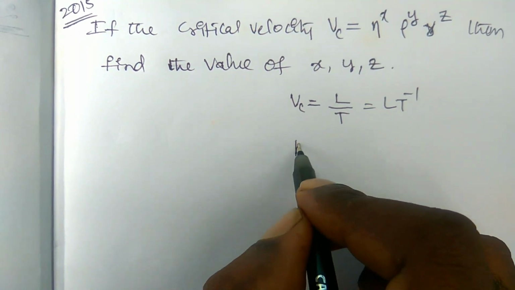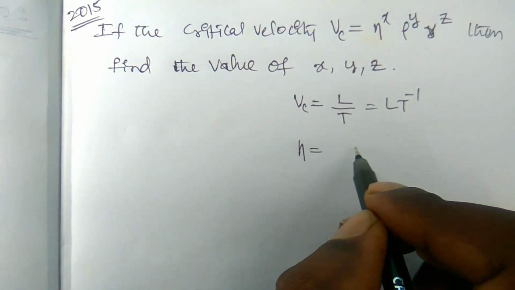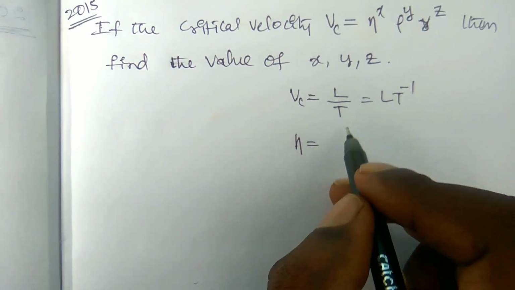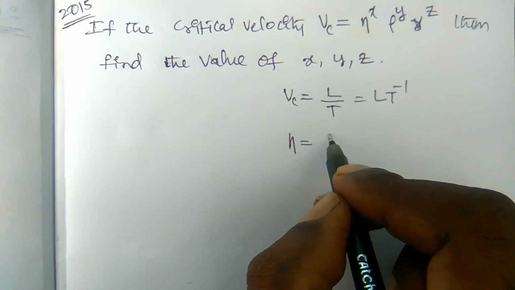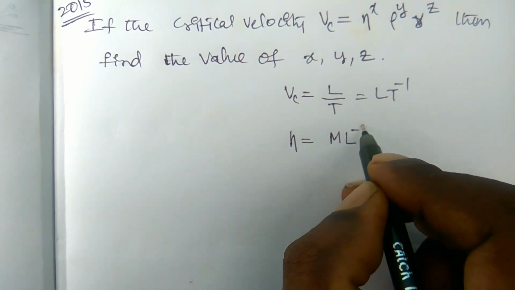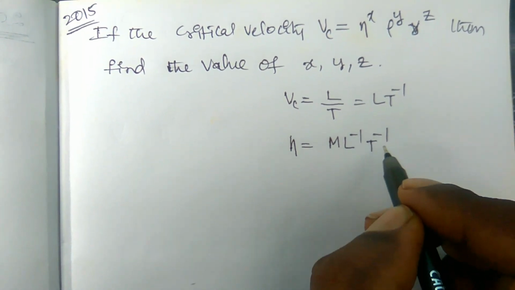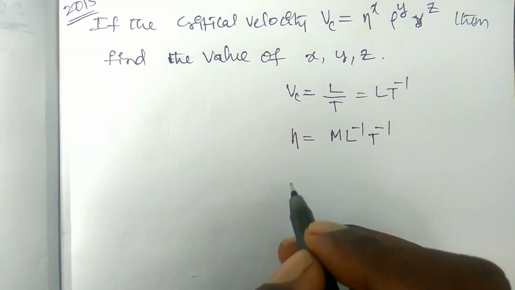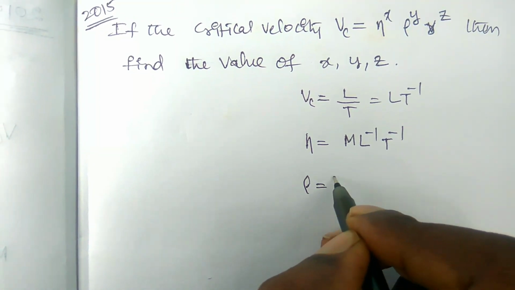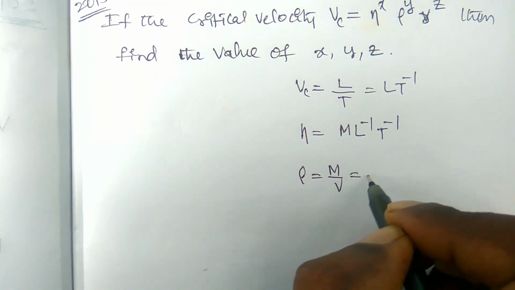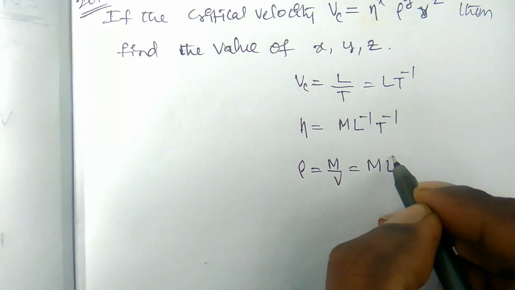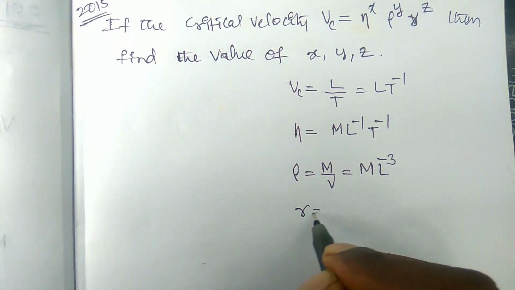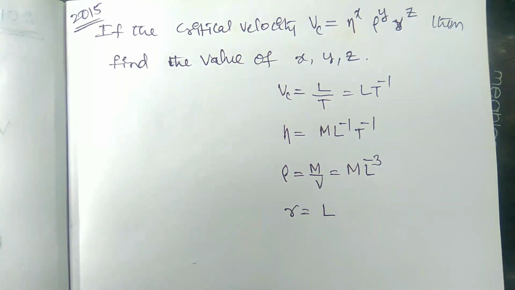And similarly eta, the coefficient of viscosity, we already derived it at the start of our video: M L minus 1 T minus 1. You have to remember it, a very important physical quantity for the dimensional formula. And rho is the density, it is mass by volume, where volume is L cube, so L minus 3. And r is the radius, that is a length, so it can be L.